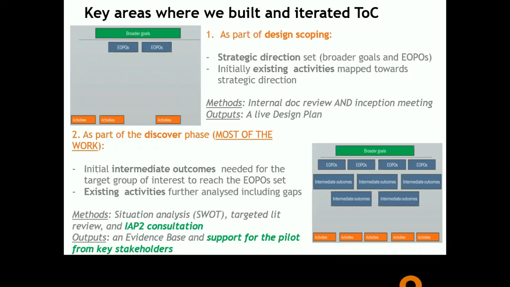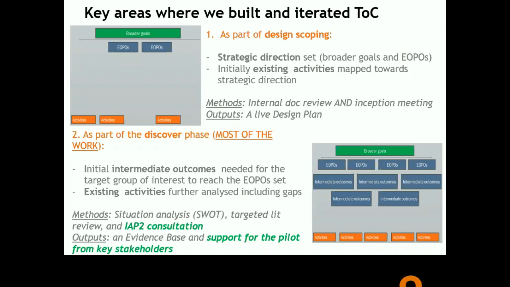So the first step that we talked about before, as part of program scoping, the key parts of program logic we were able to build there were the broader goals and end of program outcomes, so we could really set the strategic direction and just get a bit of an orientation about where this project was heading. We also got to map a few early ideas of ways that people were heading towards this outcome.